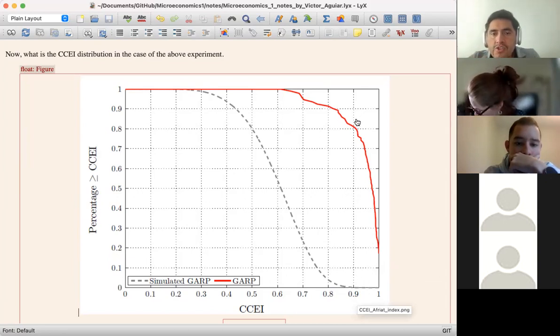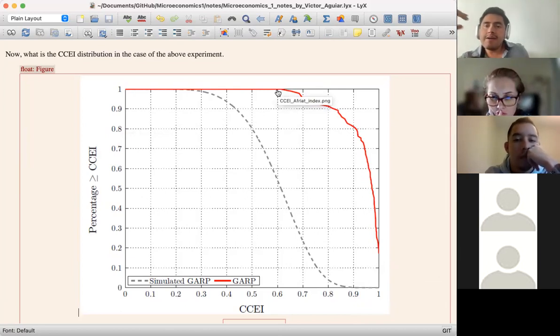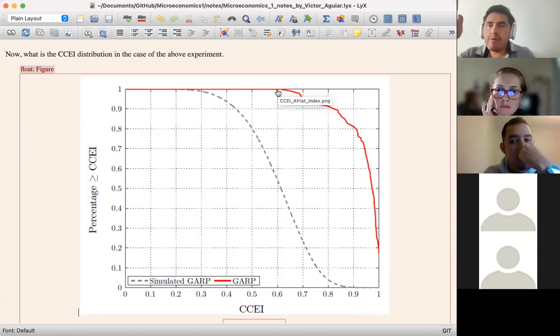You check this red line, and there is 80% of people. Now you move to 70%, and there is 95%, and you move to 60%, and it's 1, right? So in order for everyone to pass, there are people wasting 40% of the income.